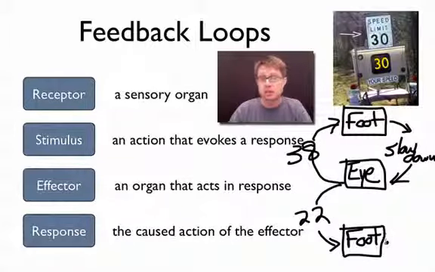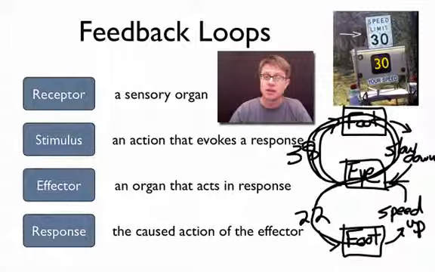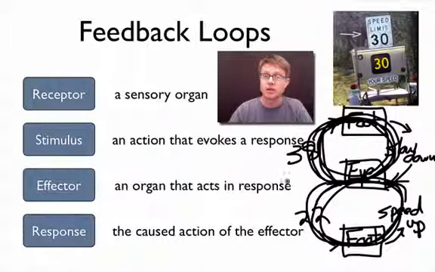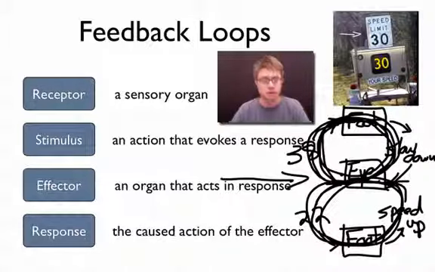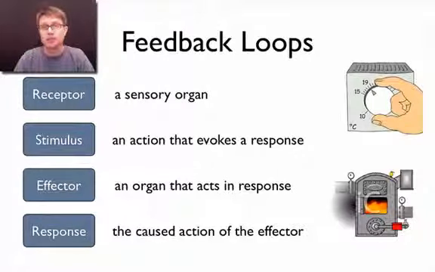That's the stimulus. What's going to be the response? You're going to speed up. That will feed back to the eye. So we have this feedback loop that's constantly going up here, then down here, then up here, but it's keeping you close to the set point of the speed we want. So we have a negative feedback, keeping you in that center point.